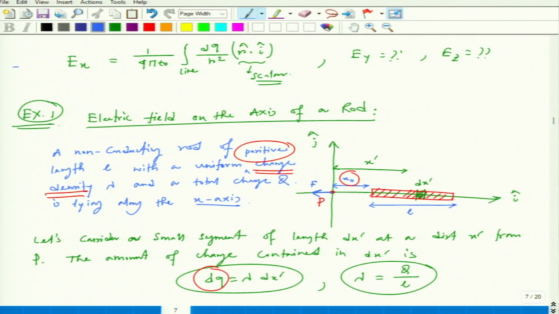So this is the direction of the electric field at point P. In the next class we will calculate the electric field for this charge distribution. Thank you.